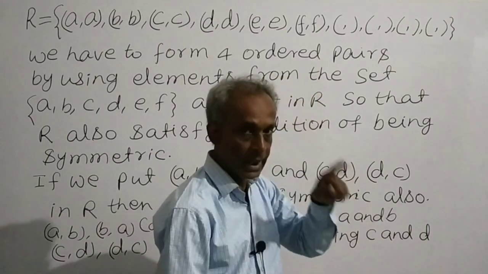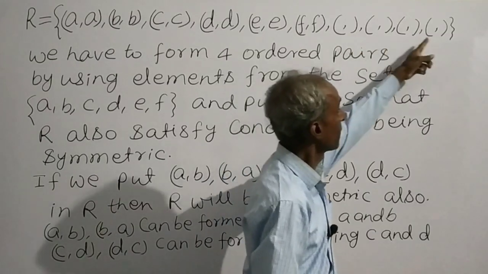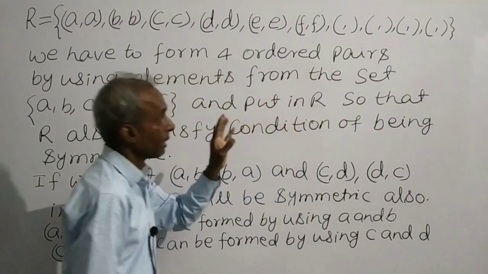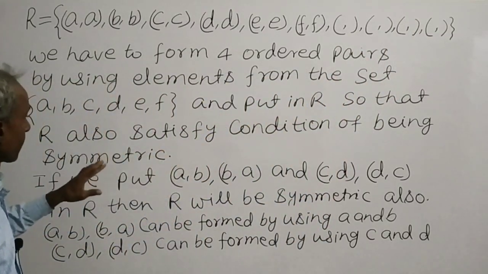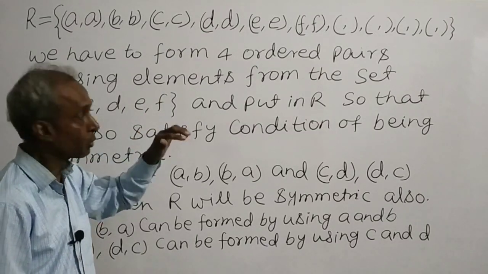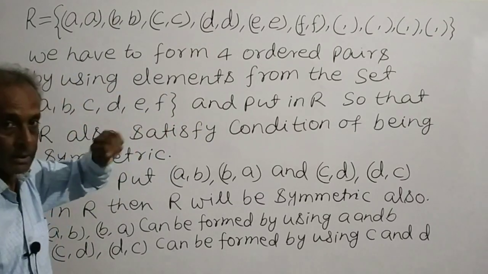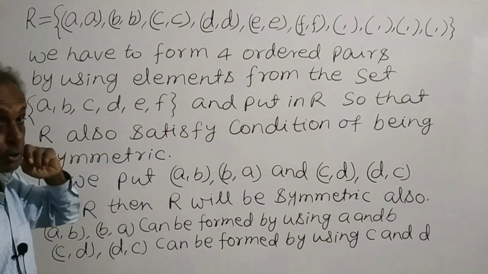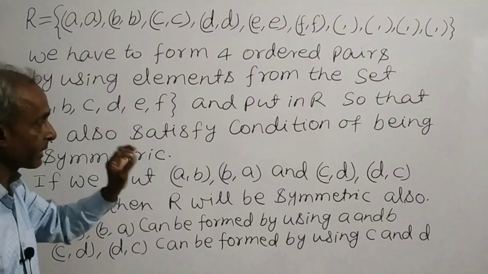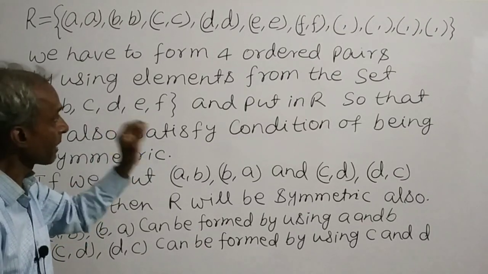Now, we have to make 4 ordered pairs such that when we put these 4 ordered pairs in R, then R also satisfies the condition for being symmetric.